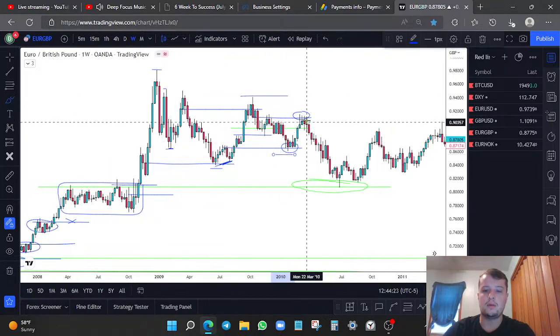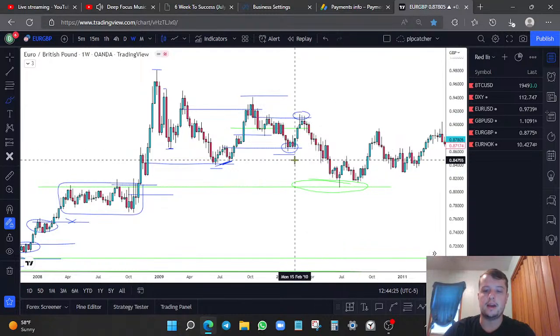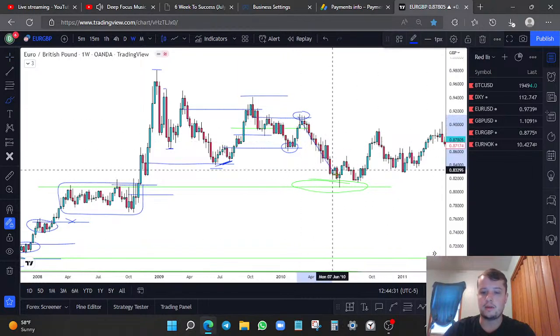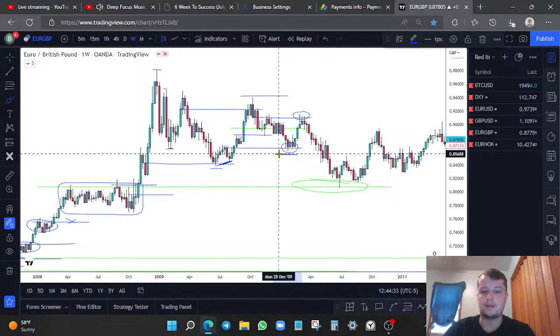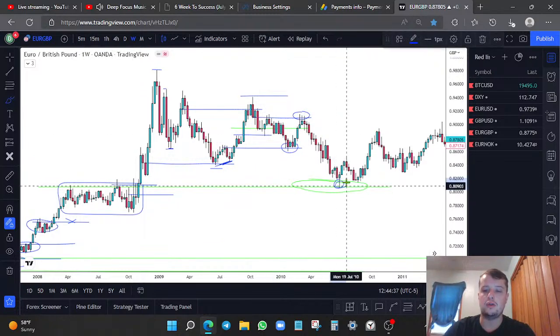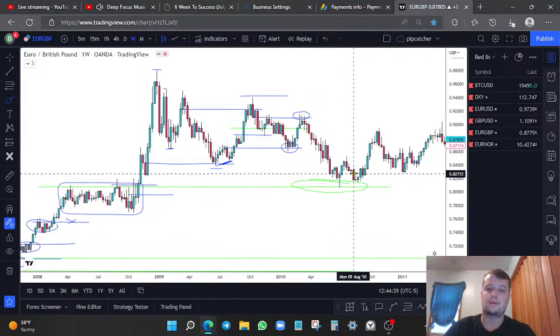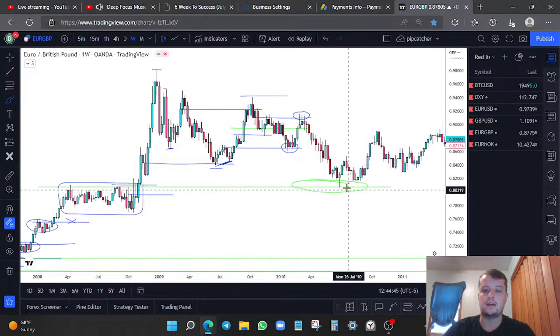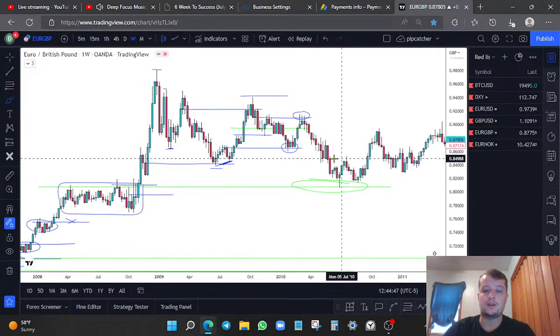Well, price comes down and breaks structure in this area, giving us a new low. Now, where is the trading range from this high to this low? We could expect a retracement.